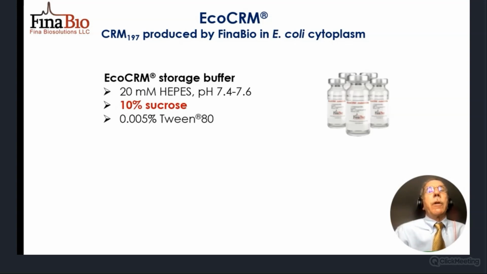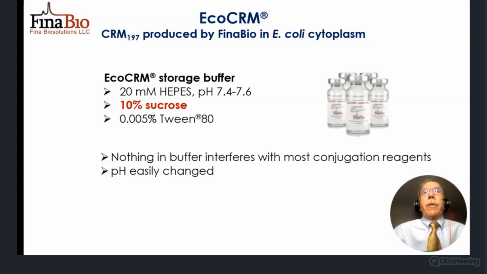Notice our storage buffer. It's a low buffer strength HEPES buffer at around pH 7.5. We have it in 10% sucrose to promote stability, and there's nothing in the buffer that will interfere with most conjugation methods. And having the low buffer strength means that the pH can easily be adjusted to whatever you need for your particular conjugation.